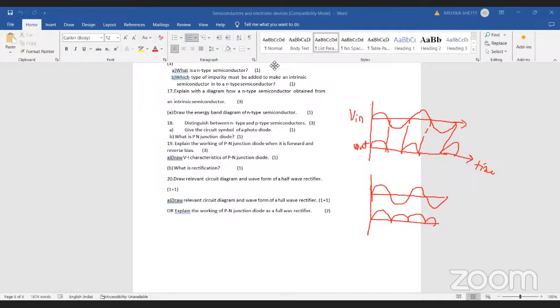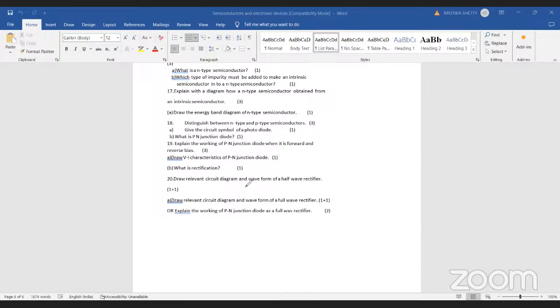So this is the waveform of the half wave rectifier as well as the full wave rectifier. That is the wave representation. They have also asked for the circuit diagram.